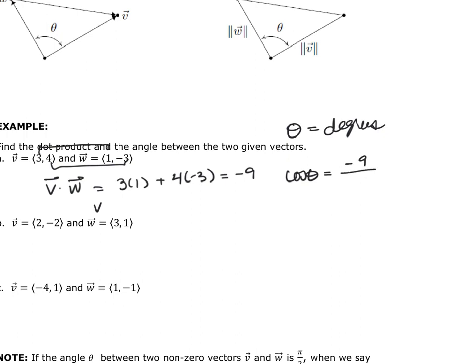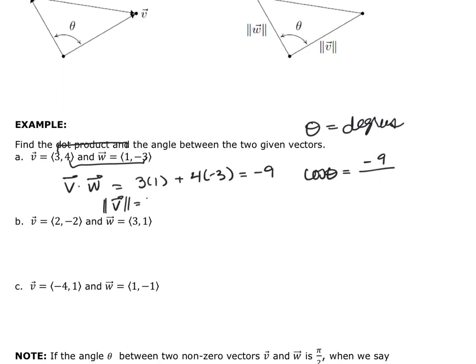So I need to know the magnitude of V. And we know this is 3, 4, 5. We like those. And then I need to know the magnitude of W, which is going to be the square root of 1 plus 9. So it's the square root of 10. So my theta is going to be the cosine inverse of -9 divided by 5 times the square root of 10.